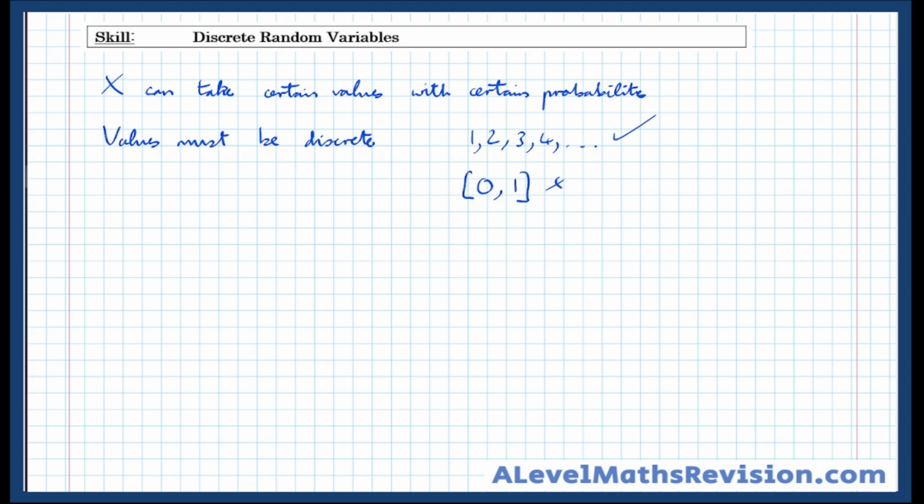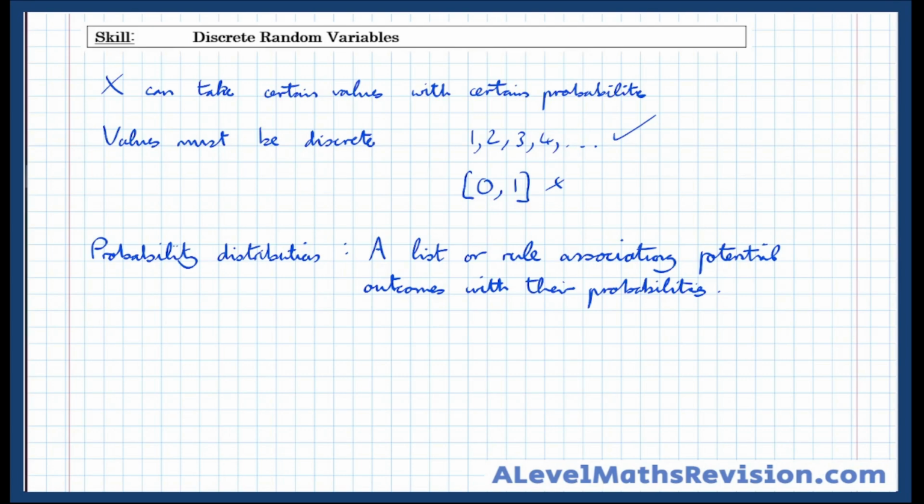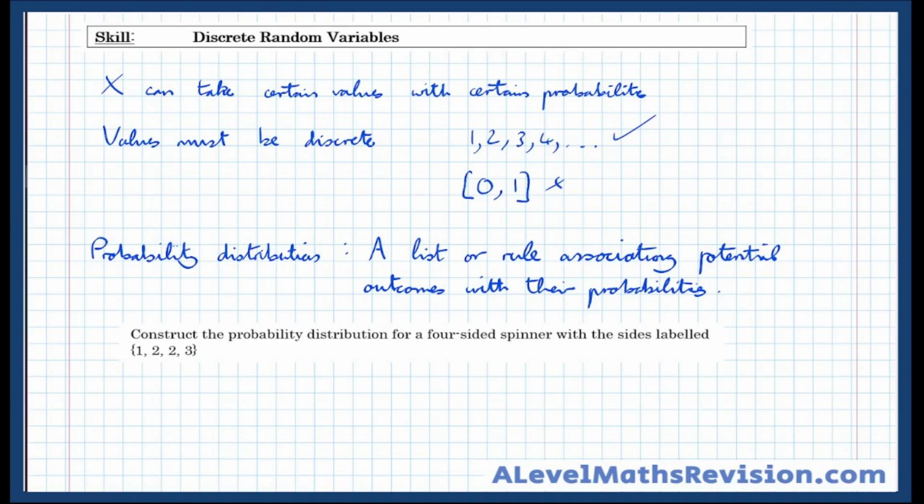And that leads us nicely on to the idea of a probability distribution. A probability distribution is a list or a rule associating potential outcomes with their probabilities. For example, here we're asked to construct the probability distribution for a 4-sided spinner with the sides labelled 1, 2, 2 and 3.